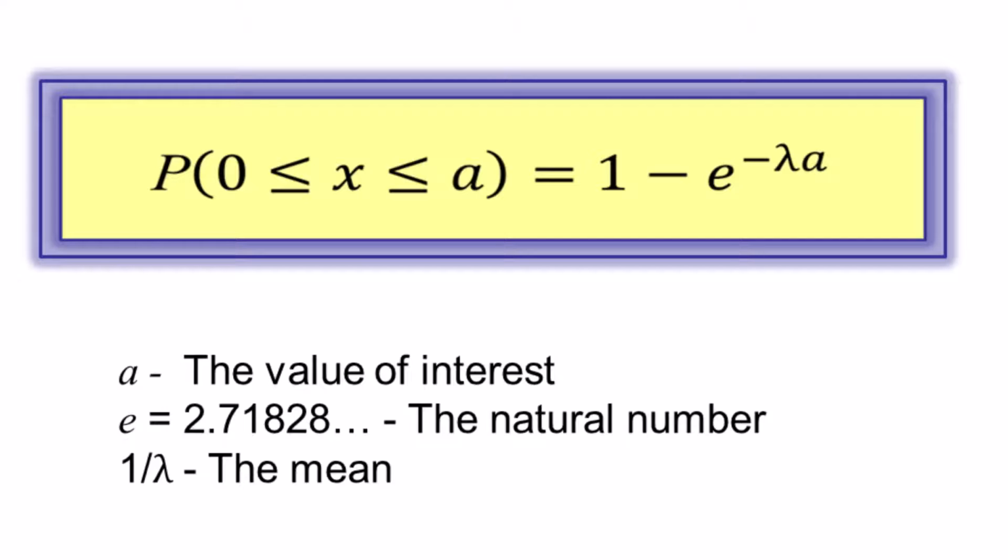So this formula is useful because we can find the exponential probability with a simple calculator. And so this is the probability that our x is between 0 and some value of interest. So let's suppose between 0 and 15 minutes or 0 and 2 hours. The formula then is 1 minus e, our natural log, raised to the power of negative lambda times our a, or our value of interest.